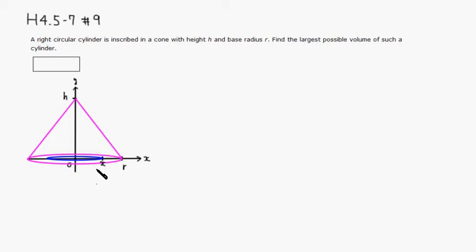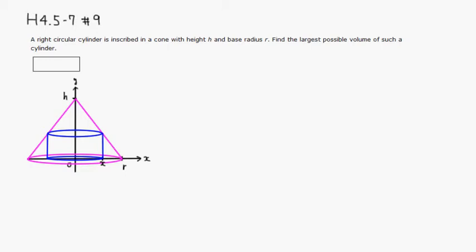Then the circle is going to look kind of like this. So this is the top side, and just connect those two together. All right, so that's the cylinder with radius x, and the height is going to be determined depending on the x value we choose. It's going to go all the way up to here.